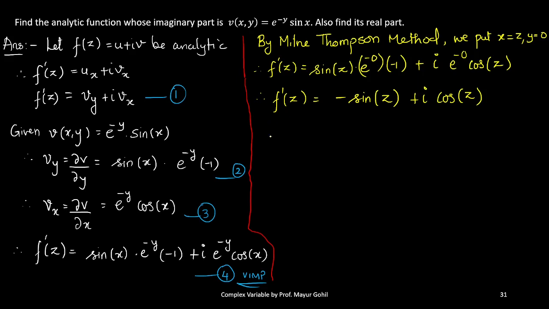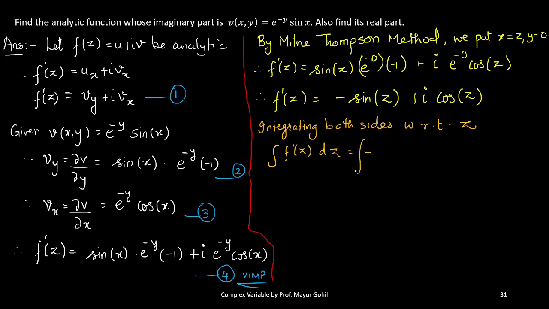Now let us perform the integration. Integrating both sides with respect to z, we get integral f dash of z dz equals integral of minus sin z plus i times cos z dz.